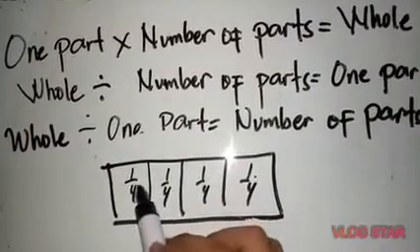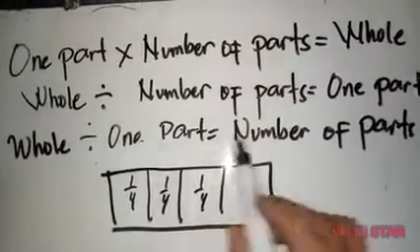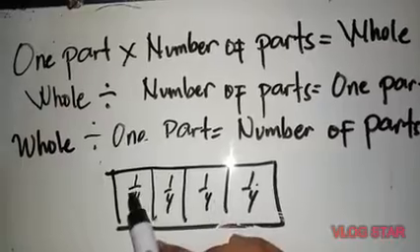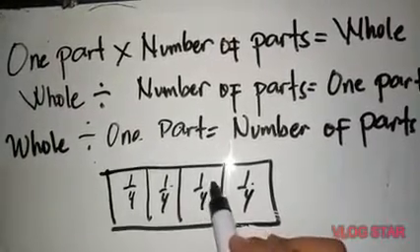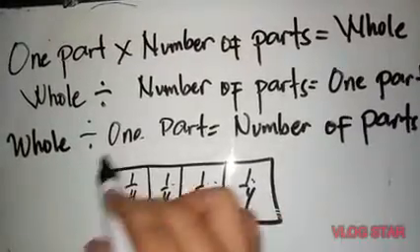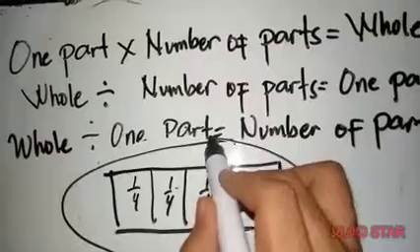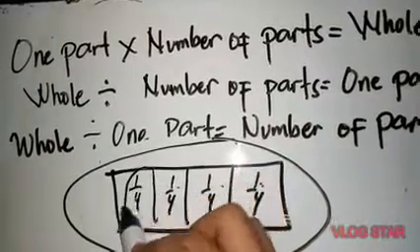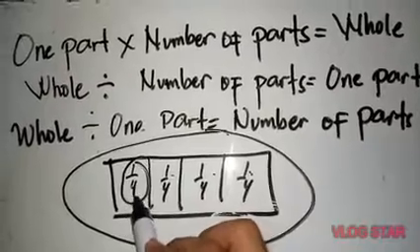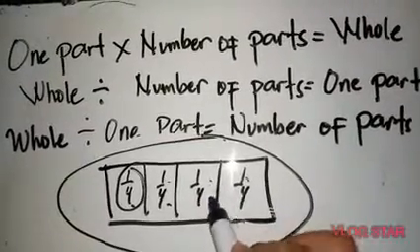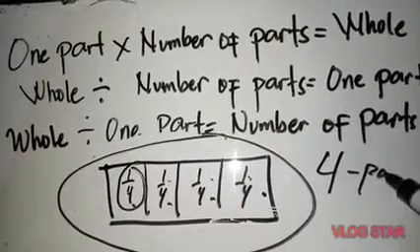So since in 1 part we have 1/4, if we divide this whole, it is equal to the number of parts 1, 2, 3, 4. So this one is the whole, this is 1 part, and the number of parts is 1, 2, 3, 4. We have 4 parts.